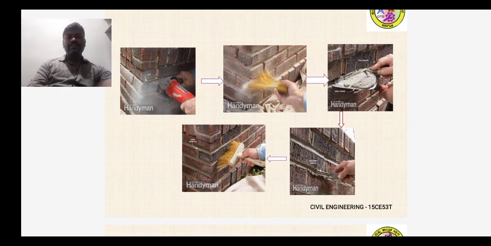First one is raking the joints. After raking, we clean the joints using a brush, and then we apply the mortar in the joints. After applying, we brush the joint finish again. After joint finishing, we do the design.